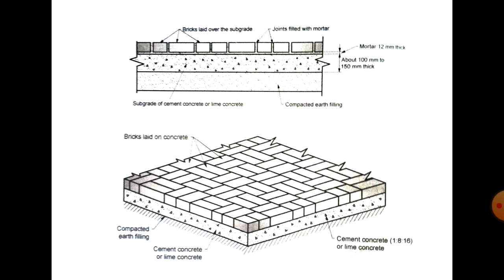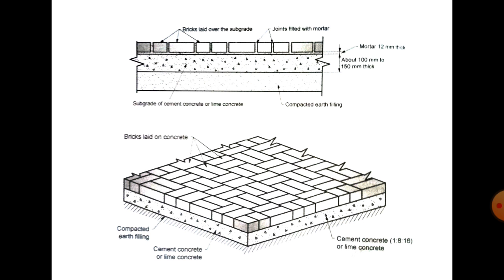Above the compacted earth filling, the subgrade is laid. The subgrade is cement concrete or lime concrete with a thickness of 100 to 150 mm, which means a 10 to 15 centimeter thick layer.